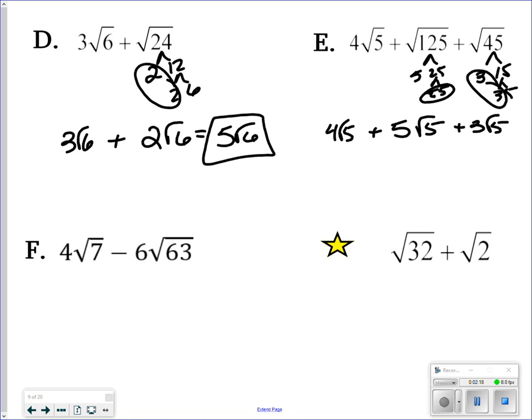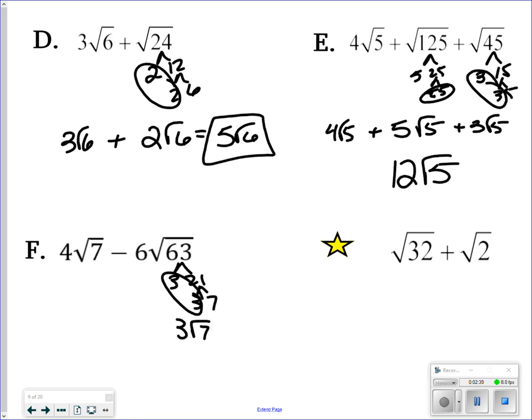So right now I'm looking at E and saying I can't add that together, but I'm going to see if I can break any of these down. So I have a pair of 5s. 3 times 15, 3 times 5, there's a pair of 3s. And now I can add them together.